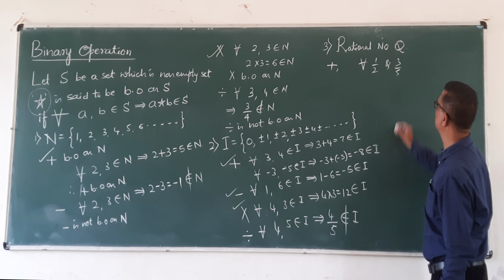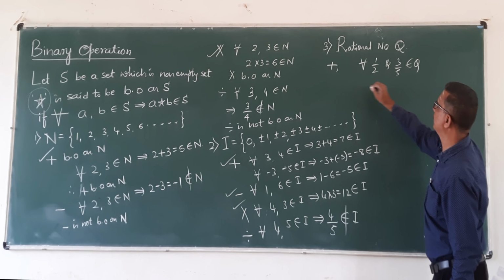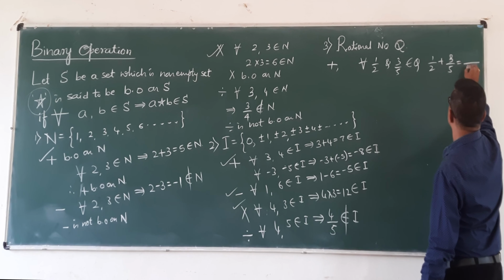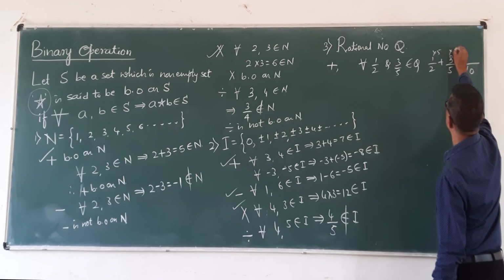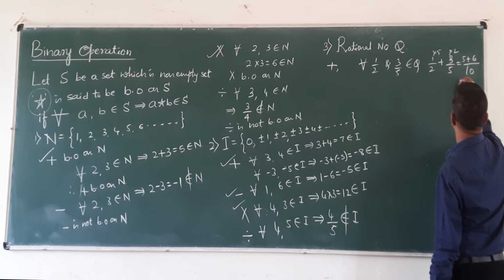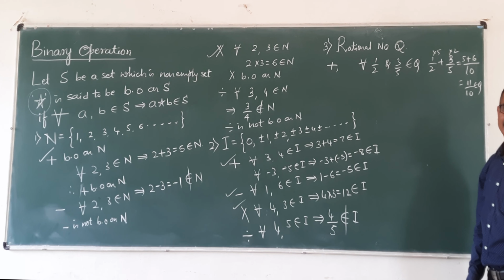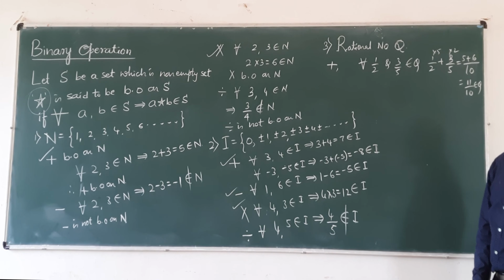These two belong to rational number. Operation is addition, add 1 by 2 plus 3 by 5. LCM is 10, 5 plus 6, that is 11 by 10. Again belongs to rational number, isn't it? So addition is binary operation on the set of rational number.